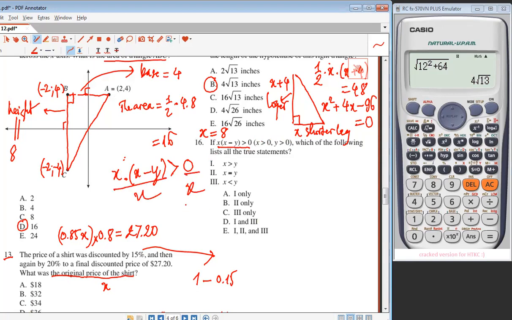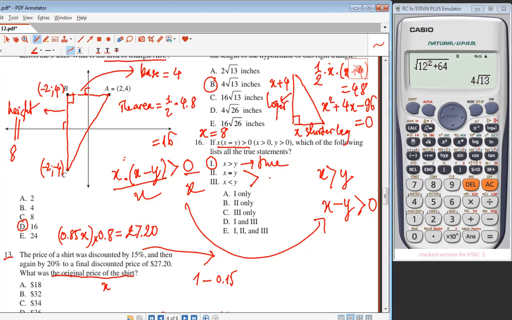And we have S minus Y greater than 0. Hence, S is greater than Y. Only statement 1 is true, and statements 2 and 3 are false. And the final result is option A, statement 1 only. We finish.